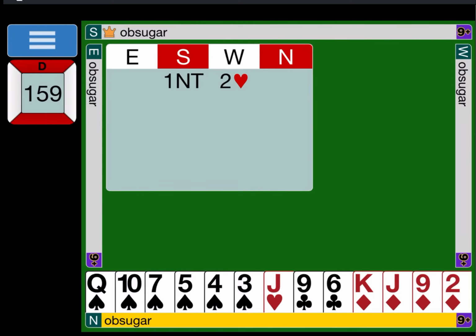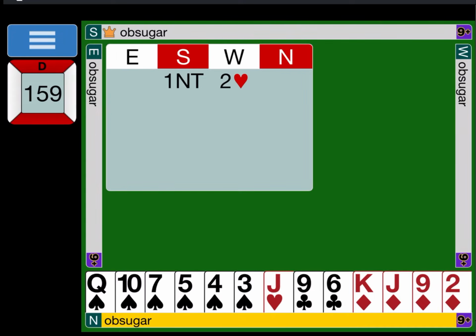Certainly an option here with what? 4, 5, 6, 7 points. Got a couple in with two spades. There's a 2 no trump. And there's the 4 hearts. I was waiting for the 4 hearts as well. Yeah, I think those are all pretty good.